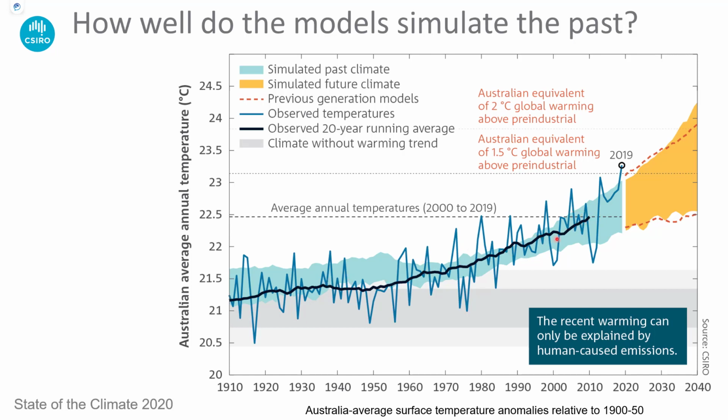But interestingly, if we change the way those models are set up so that they only use greenhouse gases that are the result of natural processes, and we exclude all the greenhouse gases that are the consequence of human activities, that climate is represented by this grey band down here. And you can see that at the start of the run, it lines up, but by the time we get to the middle of the run here, it's already diverged.